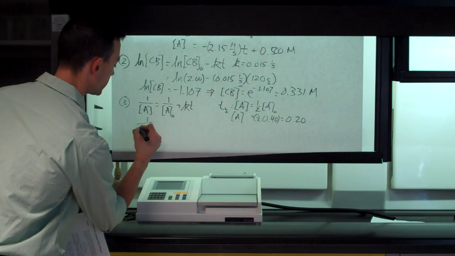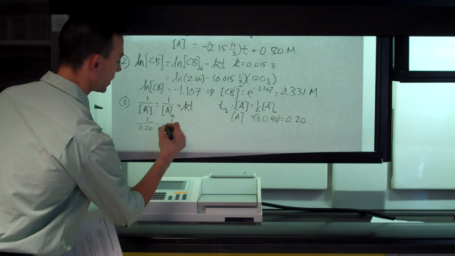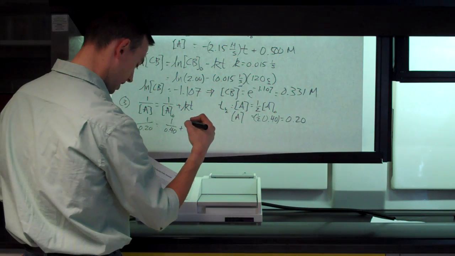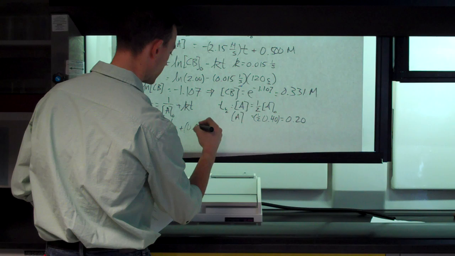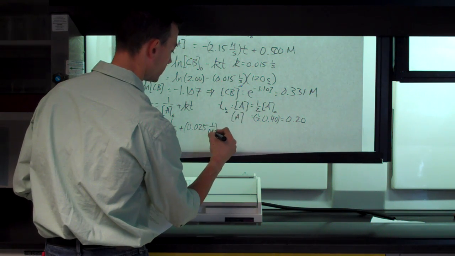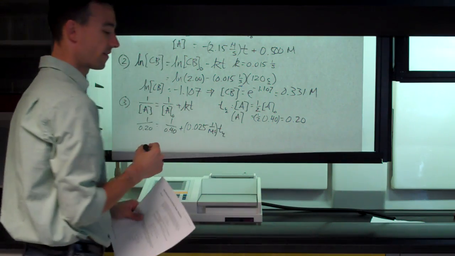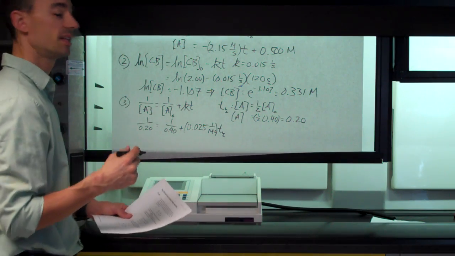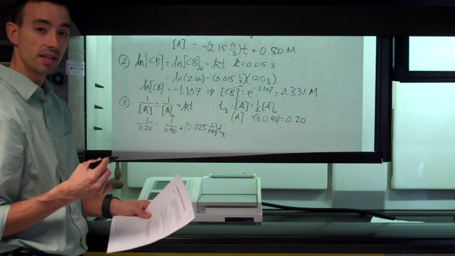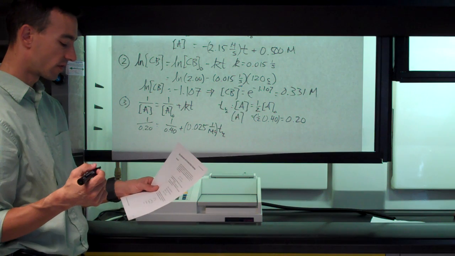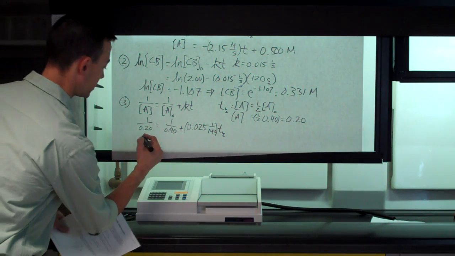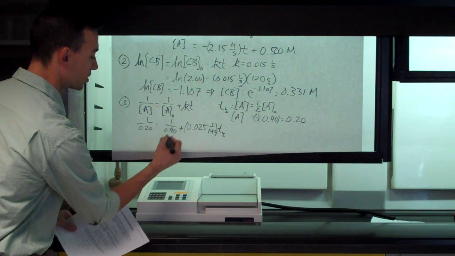So I can plug in 0.2 molar equals 1 over 0.4 molar plus, I'm given the rate constant, 0.025, 1 over molar seconds, t 1/2. So I'm trying to find the time in this case for my initial concentration to be reduced to this value that's half its original value. Okay. This ends up giving me, when I subtract over this side, this would be 5 and this would be 2.5.